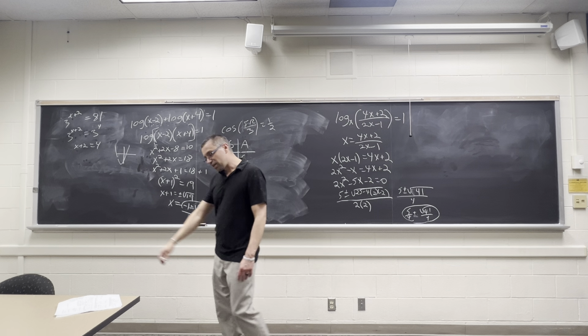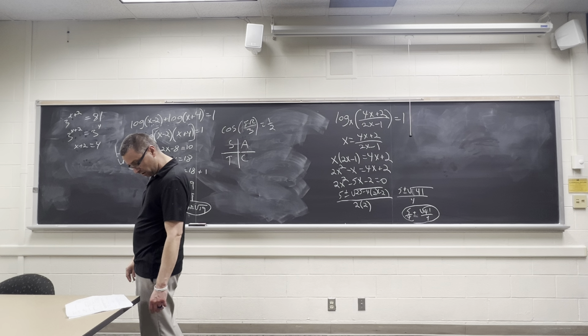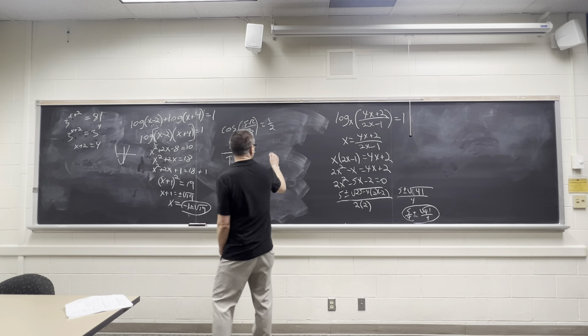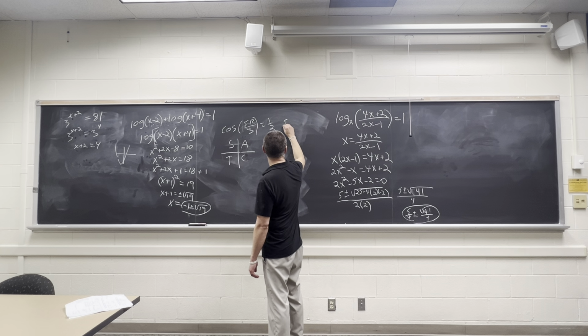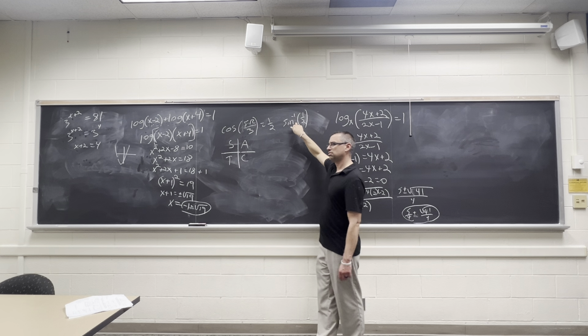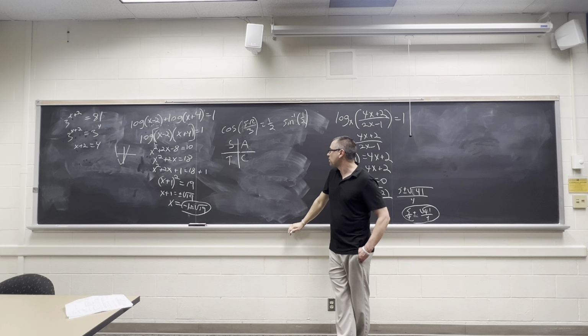But the next one is, what's the next one? Sine inverse of 1/2. Again, the negative 1 exponent is not really an exponent. You read it as sine inverse.